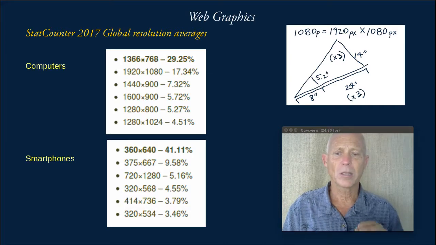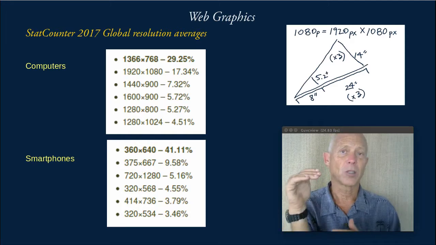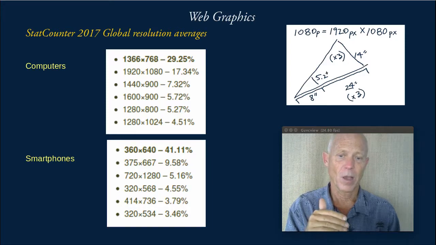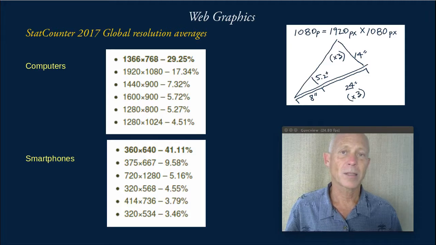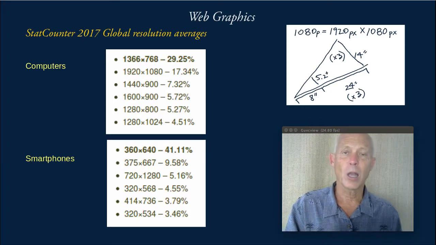And what you can see is that for the regular computers, all of those listed are in that sweet spot range that I mentioned between 720p and 1080p, okay? Because that would be a width of 1280 to 1920. And all of them we see here are in that range.